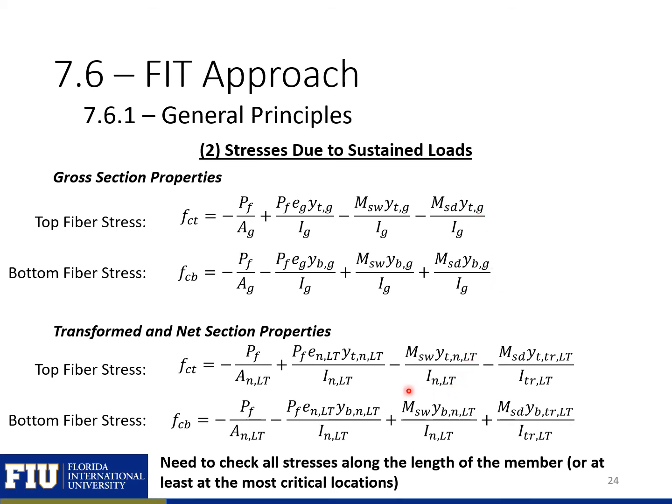You can see here we still use our net section properties for our self-equilibrating forces, except now we're going to use our long-term net section properties. So if we have any non-pre-stressed steel, we'll transform it using our effective modulus for our steel and our concrete. Typically you'll just use Es divided by Ec effective for that. With the superimposed dead loads, it's an externally applied load. So we'll use our long-term transformed section properties to calculate our stresses due to those.